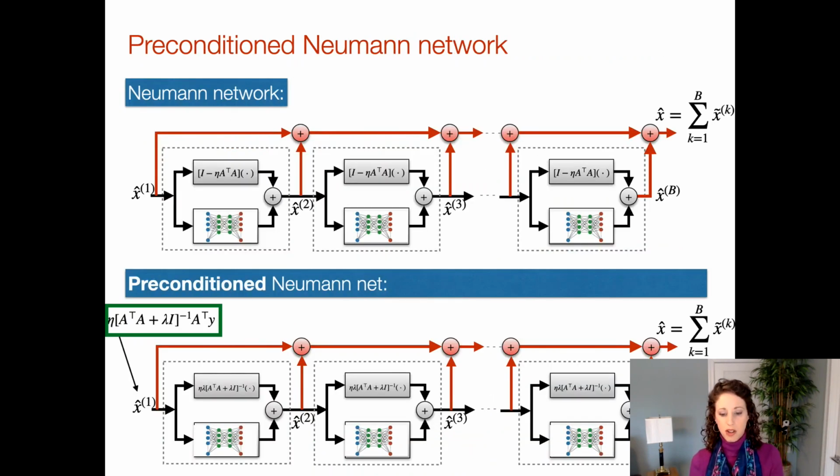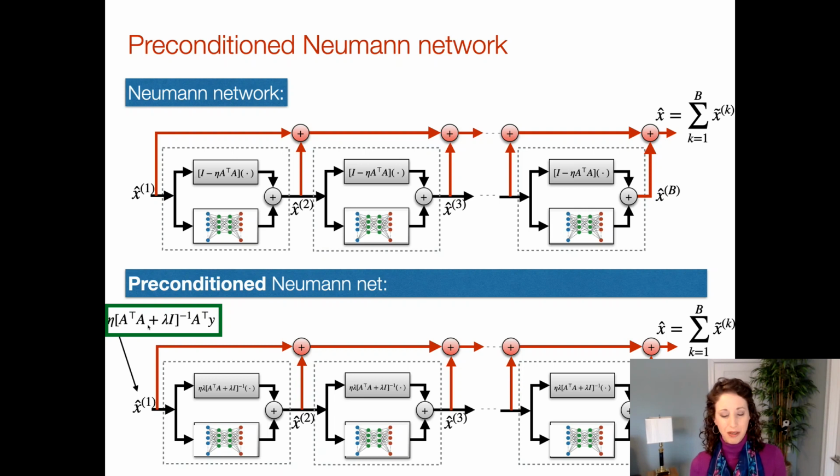Okay, so I just want to mention one other thing very briefly because we're going to see some empirical results in a second. On the top here, I've got the Neumann network that I just described to you. On the bottom, we're going to also consider a preconditioned version of it. The basic idea here is that we input at the very beginning of the overall network a better initial estimate that we compute just using Tikhonov regularization.